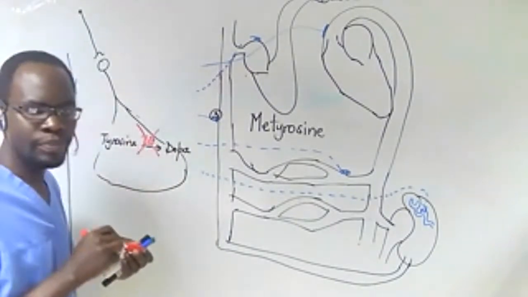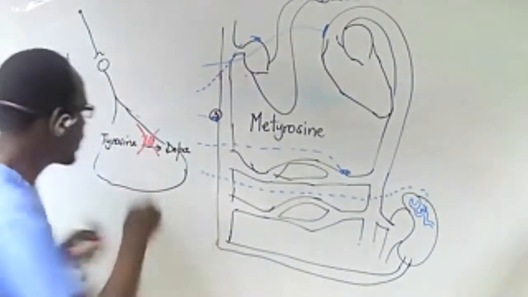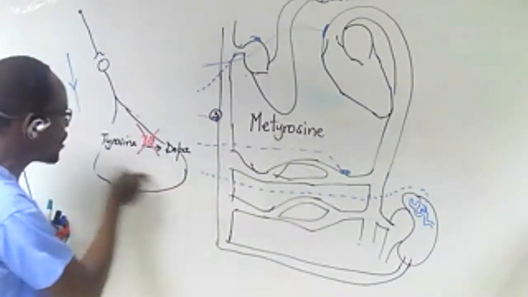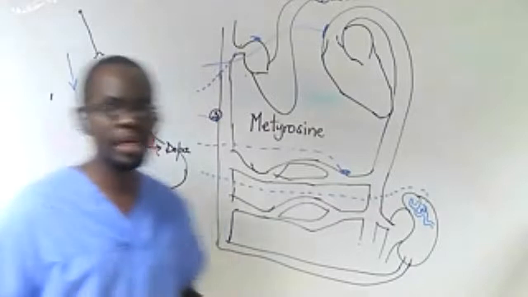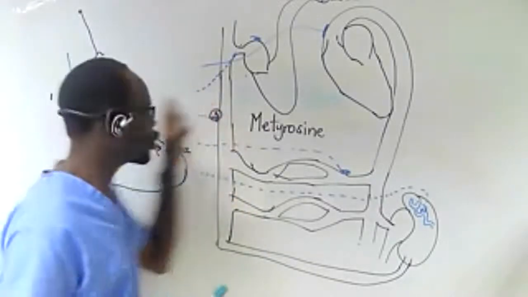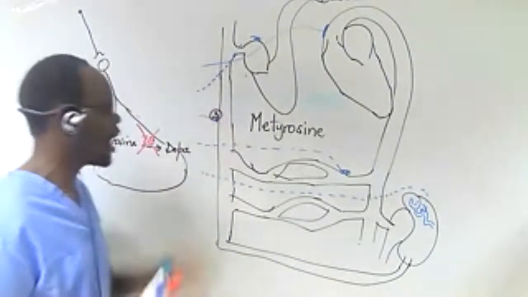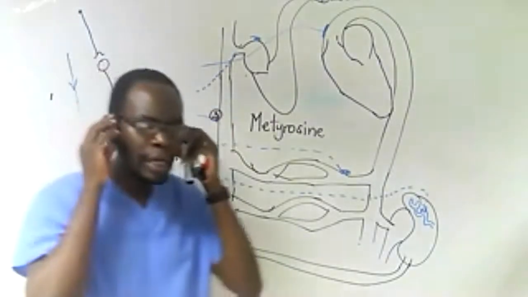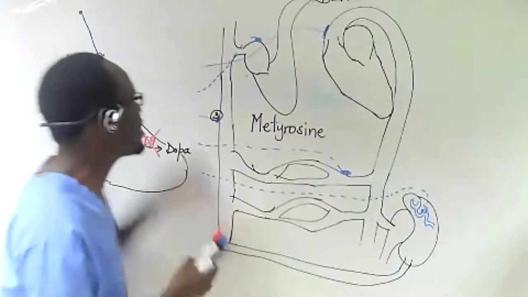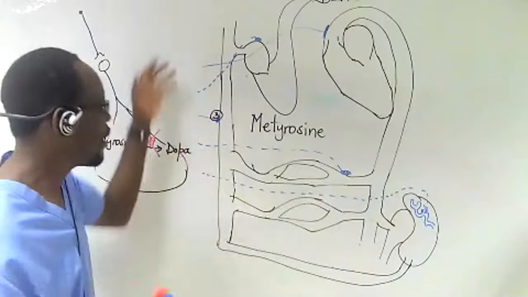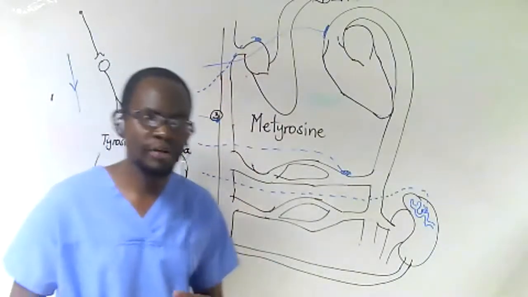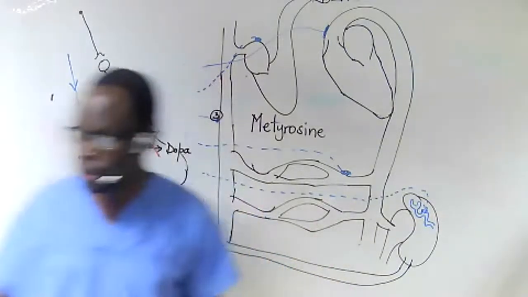Once it inhibits that enzyme, you will not have dopa being formed, and eventually you will not have norepinephrine being formed. And as a result, when an action potential happens, there will be no release of norepinephrine. So the effect will be a reduction in blood pressure.